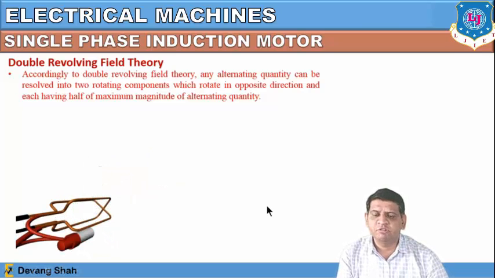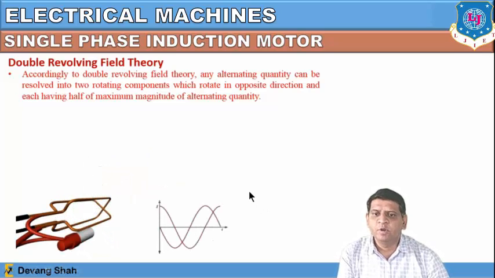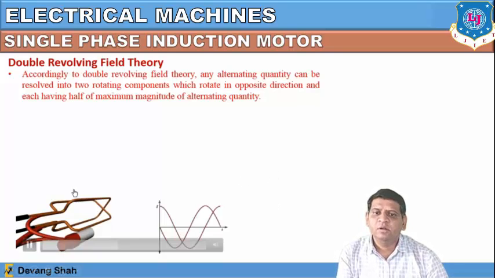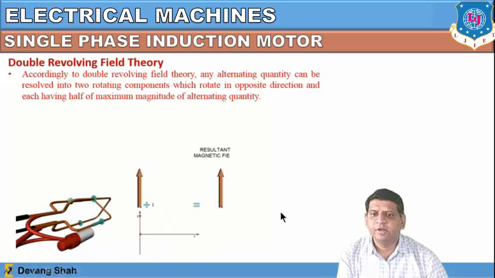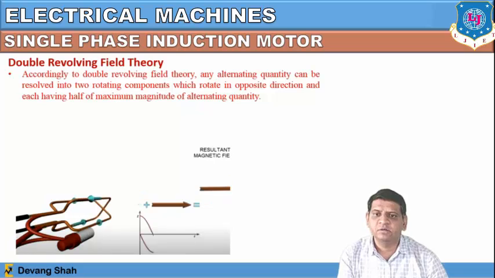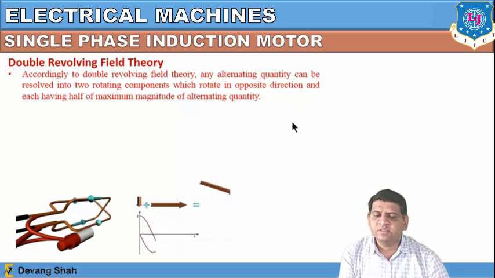Primary flux is generated by the main winding, and because of the auxiliary winding, another flux is generated. Here you can see the resultant value of flux will be in a positive direction or in a negative direction, so you get production of magnetic flux in only one direction. So the torque can be generated in only one direction, and this is the initial torque.